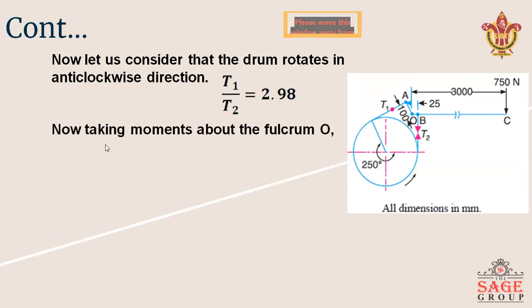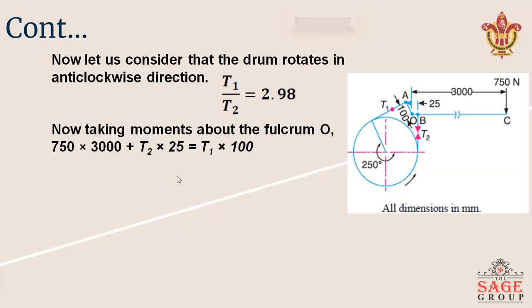Now taking moment about point O for anti-clockwise rotation of the drum. This is the equation for anti-clockwise rotation of the drum. Only T1 and T2 change, because the direction of the drum changes.